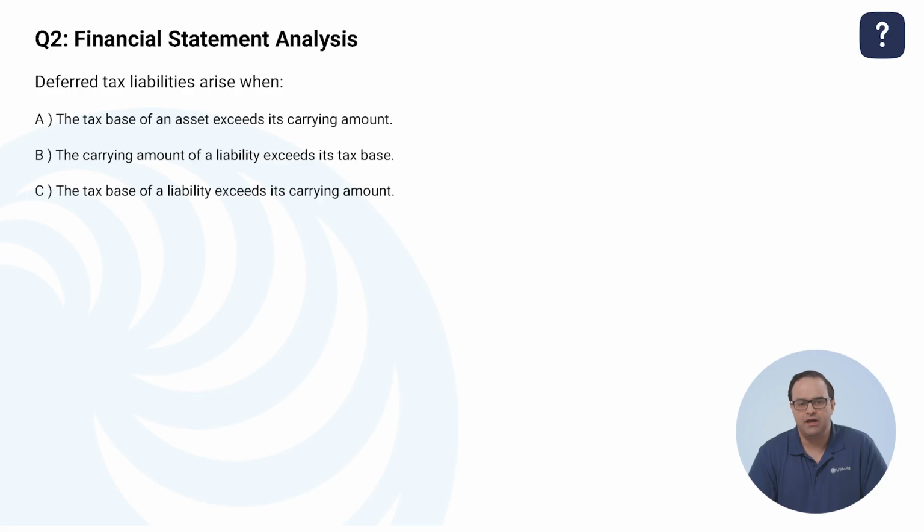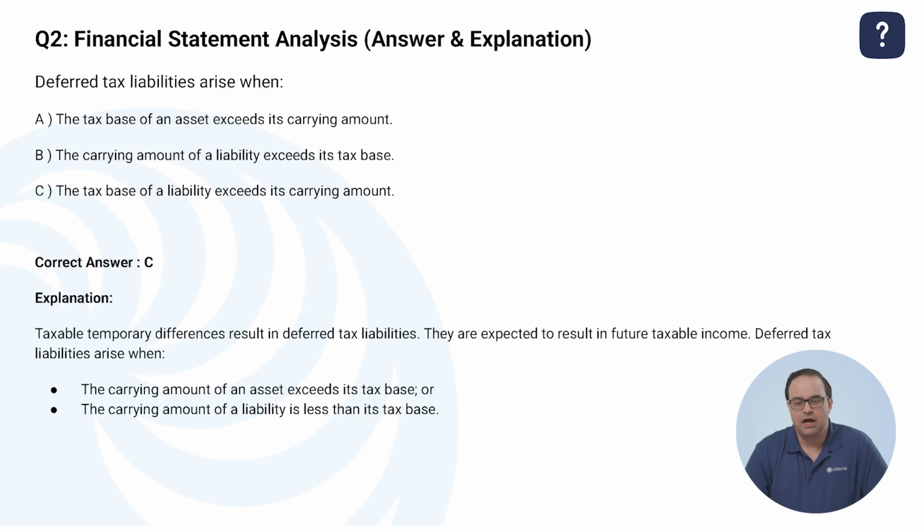Well, if we have the carrying amount of a liability that exceeds its tax base, then this particular liability has been reduced by a greater extent under tax purposes versus U.S. GAAP. But what we're really looking for here is when the tax base of a liability exceeds its carrying amount, because in this scenario, we would expect the company to incur a higher level of future taxable income.